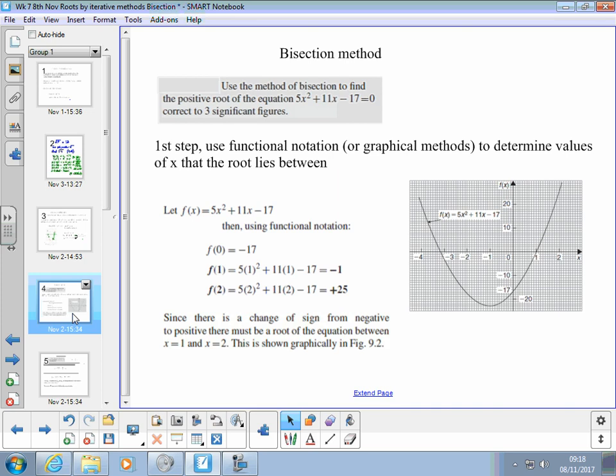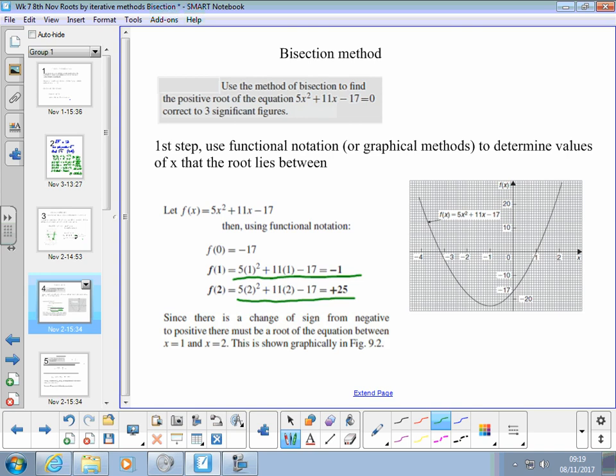Okay? So there's our function. Okay, if we put the value x is equal to, of -1, and if we put the value, we get an answer of +25.